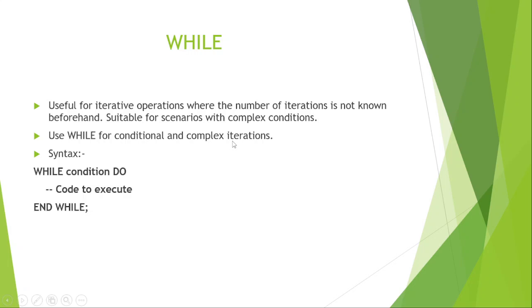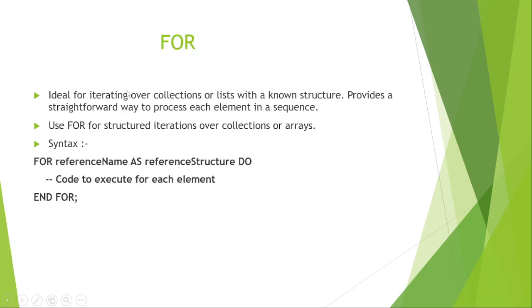Okay, now let's go to the last loop, that is the for loop. It is ideal for iterating over a collection or a list, and provides a straightforward way to process each iteration in a sequence. Use it for structured iteration over a collection or array.